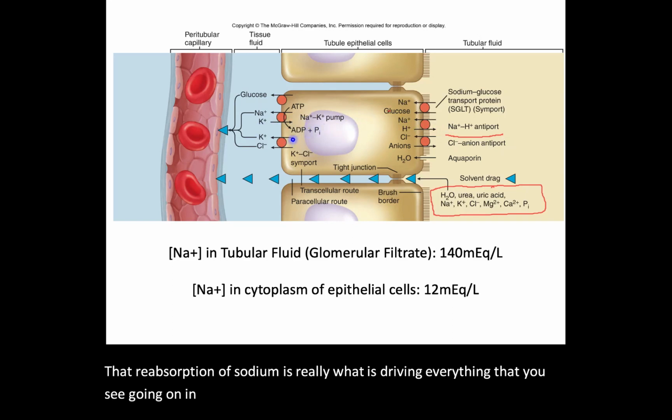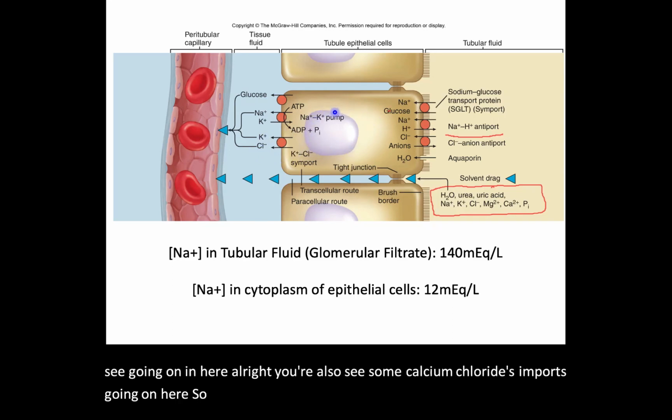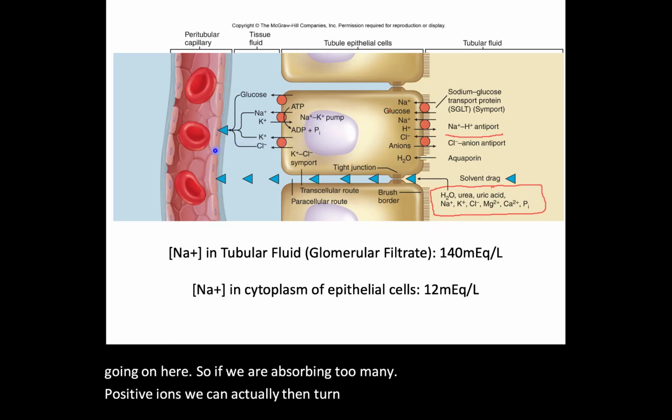All right. You also see some potassium-chloride symports going on here. So if we are absorbing too many positive ions, we can then turn around and pump the potassium out.